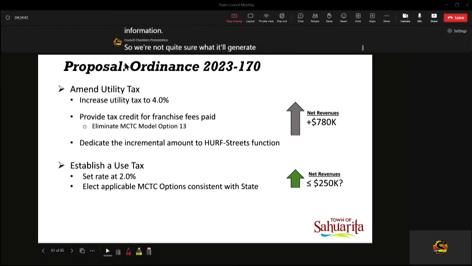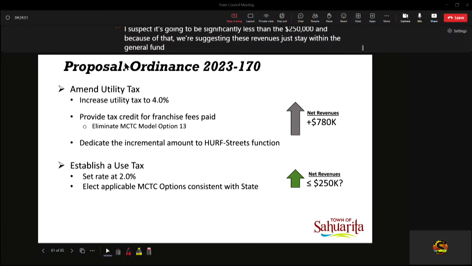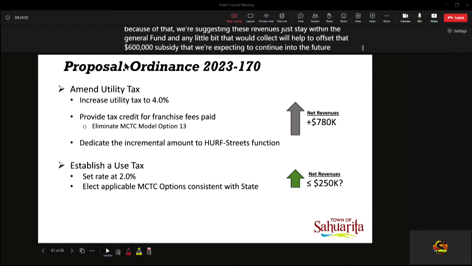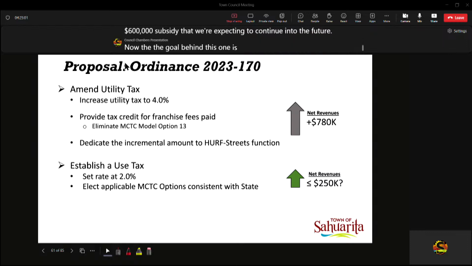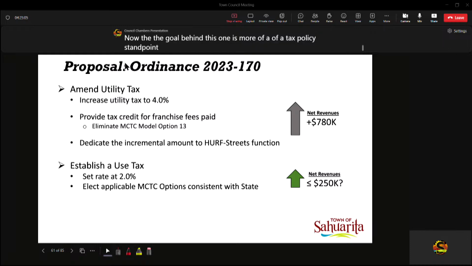I suspect it's going to be significantly less than the $250,000. And because of that, we're suggesting these revenues just stay within the general fund, and any little bit that we collect will help to offset that $600,000 subsidy that we're expecting to continue into the future. The goal behind this one is more of a tax policy standpoint. And I'll cover that here in just a second.